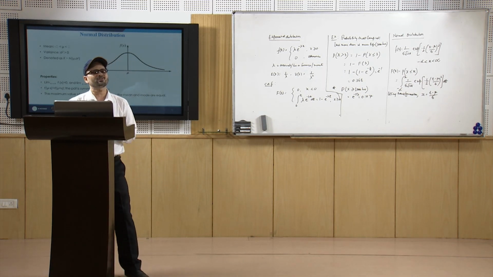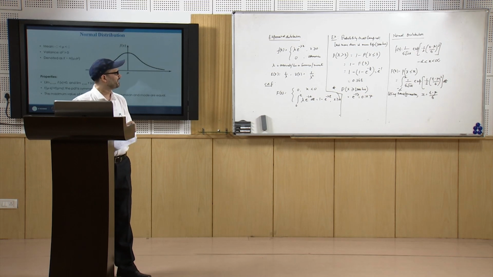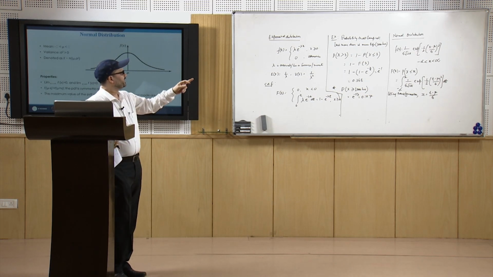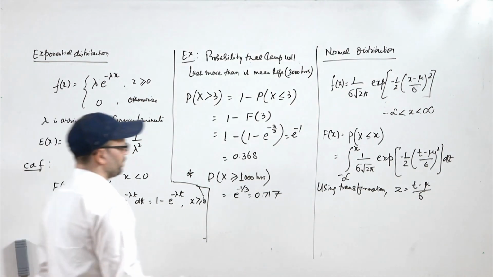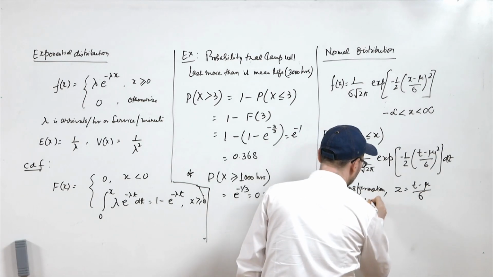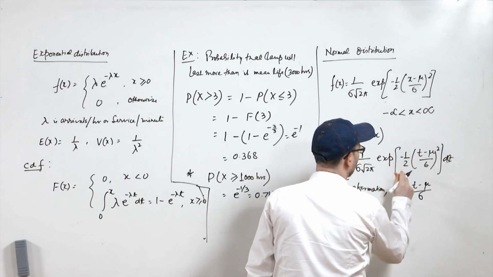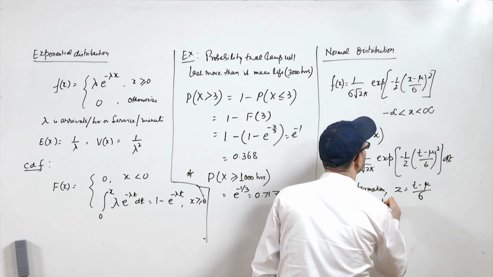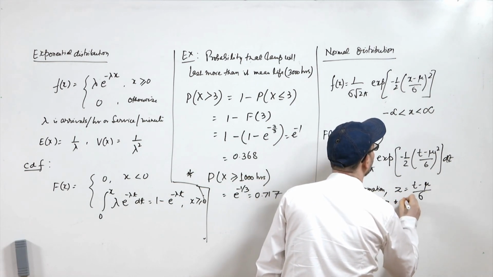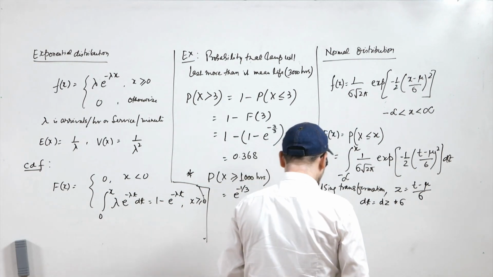Once we take that as z, then dz will be dt upon sigma. So, dt will be dz times sigma, if we differentiate both sides.